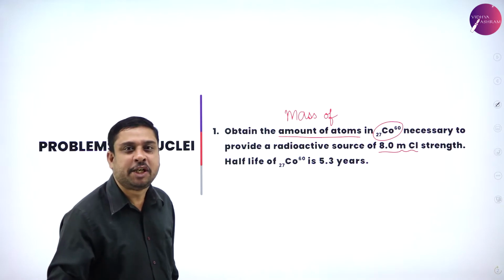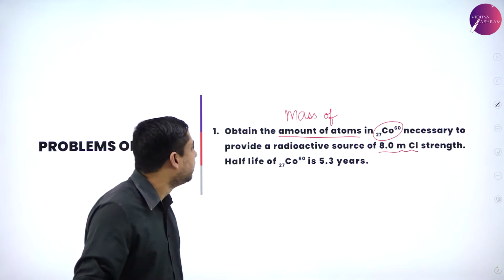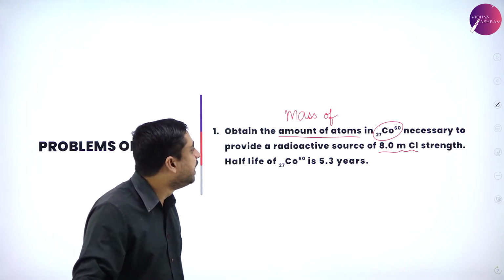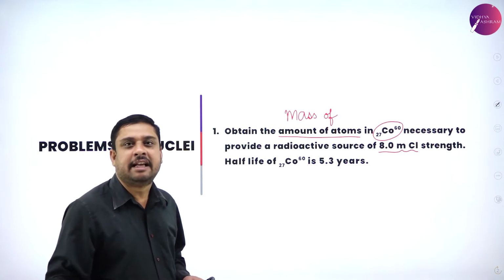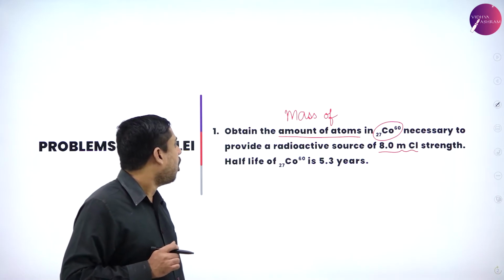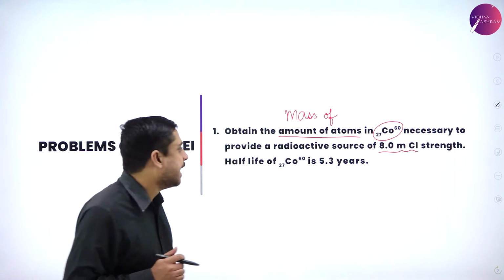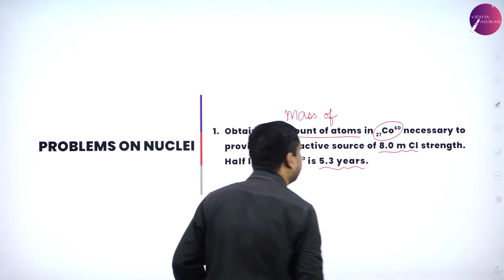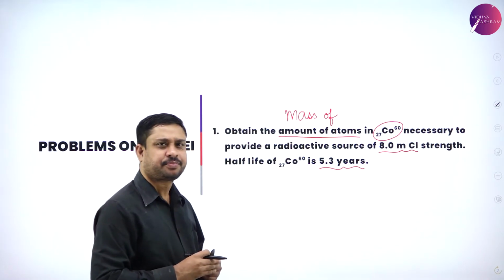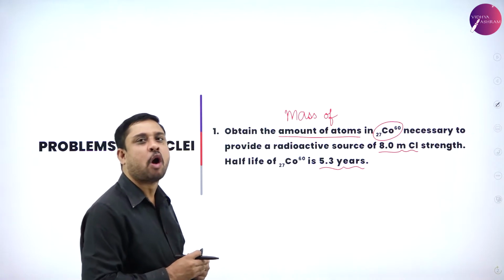So activity of the sample is given 8 millicurie, and the half-life of cobalt is 5.3 years. An interesting problem.